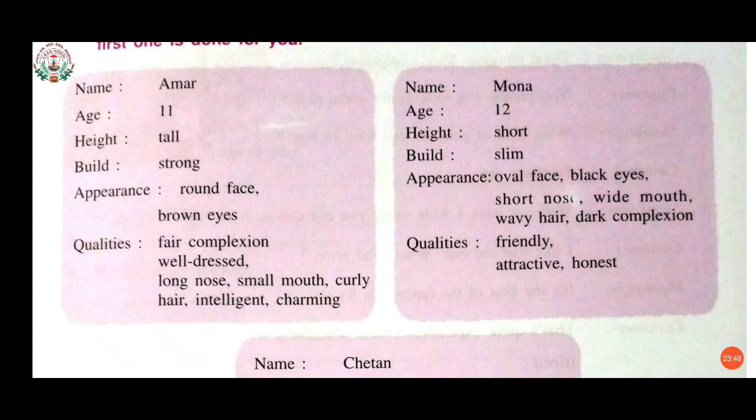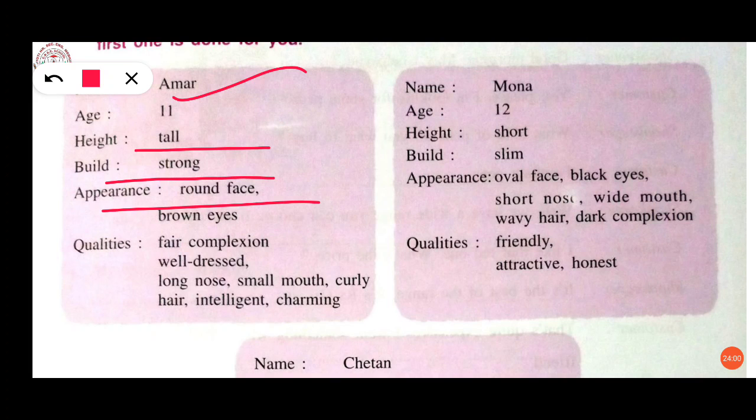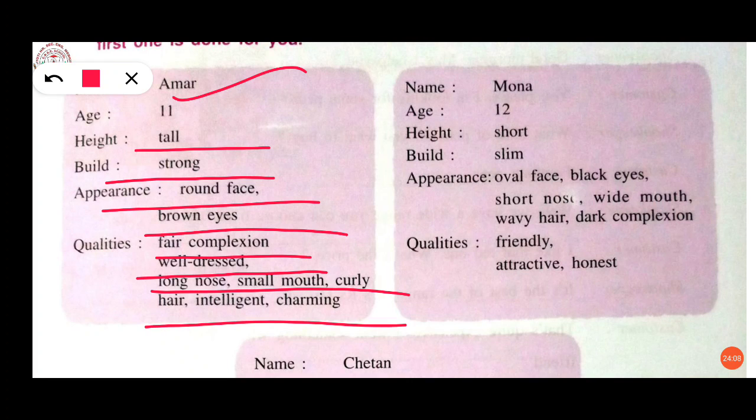Like in the first box it is given the name of a student, I can say Amar, and age 11, height tall, build strong, appearance round face, brown eyes, and qualities, that is fair complexion, well dressed, long nose, small mouth, curly hair, intelligent, charming.